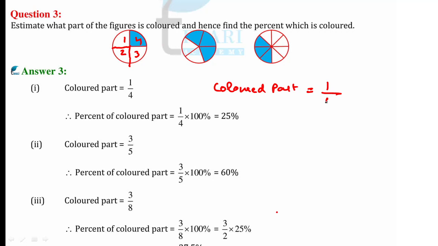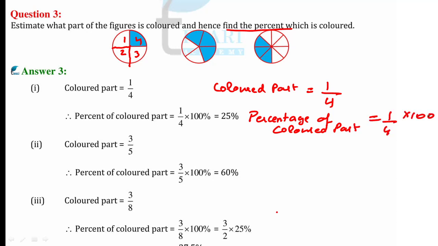So total part is 4. Out of 4, 1 part is colored. In order to convert it into percentage, you will multiply it with 100. So 4 1 the 4, 4 25 the 100. So 25% is your required answer.